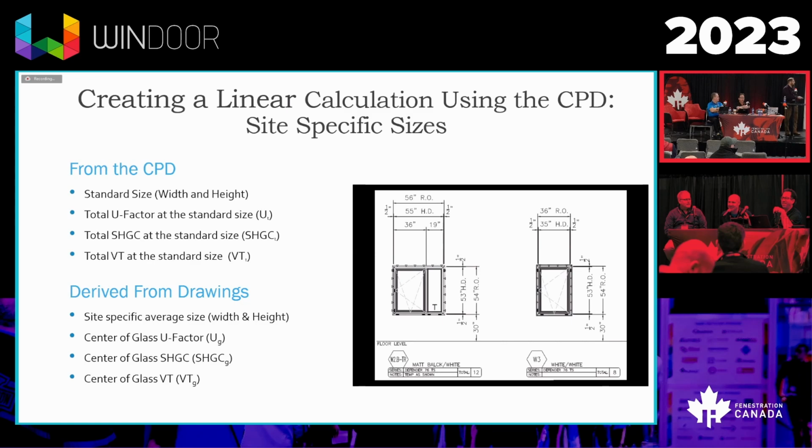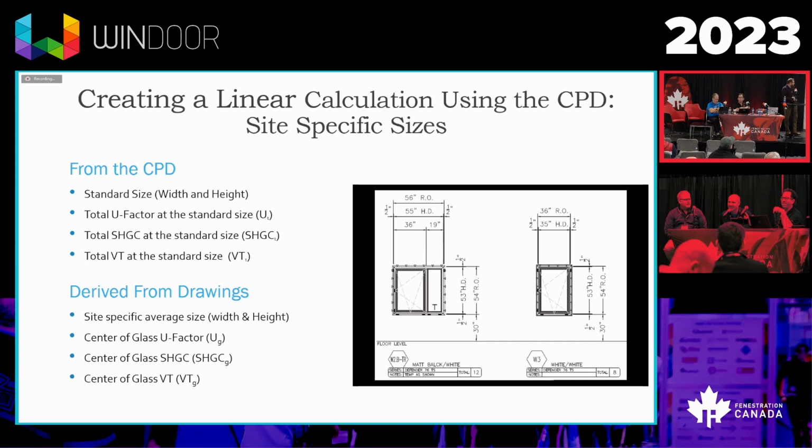So we're looking at the knowns of what we have. We know what the standard size is based on the NFRC gateway sizes. And we also know from the CPD what the total U factor, the total solar heat gain, and the total visual transmittance are. Then from the drawings of a project, we can determine the site-specific, what we call the weighted average width and height of each product type and glass type.